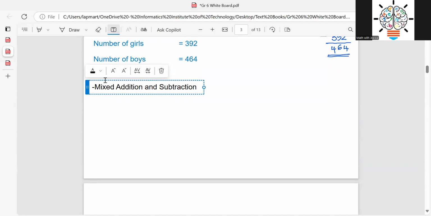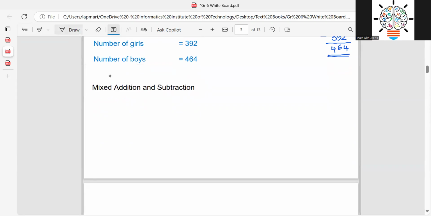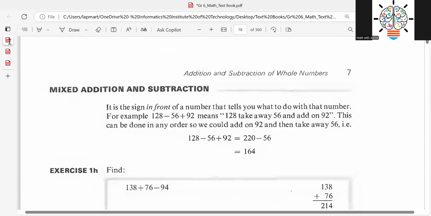So far, children, if it is addition, it's only addition. If it is subtraction, it is only subtraction. But now I'm going to explain how we can do the sums if we have both addition and subtraction in the same sum, right?